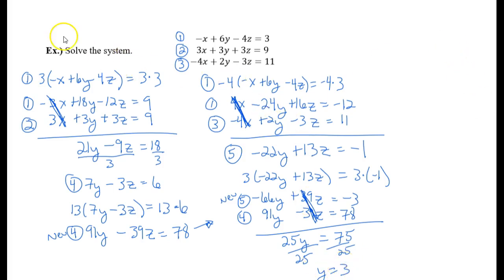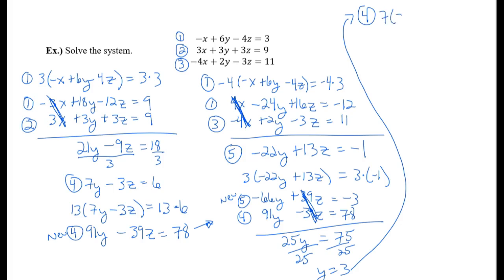So now I have to back substitute to find the rest. So I can plug in this 3 into either equation 4 or 5. I'm going to choose equation 4 because it has smaller numbers here than the 22 and the 13. So moving this way up here, I have equation 4. I'm substituting in for y.